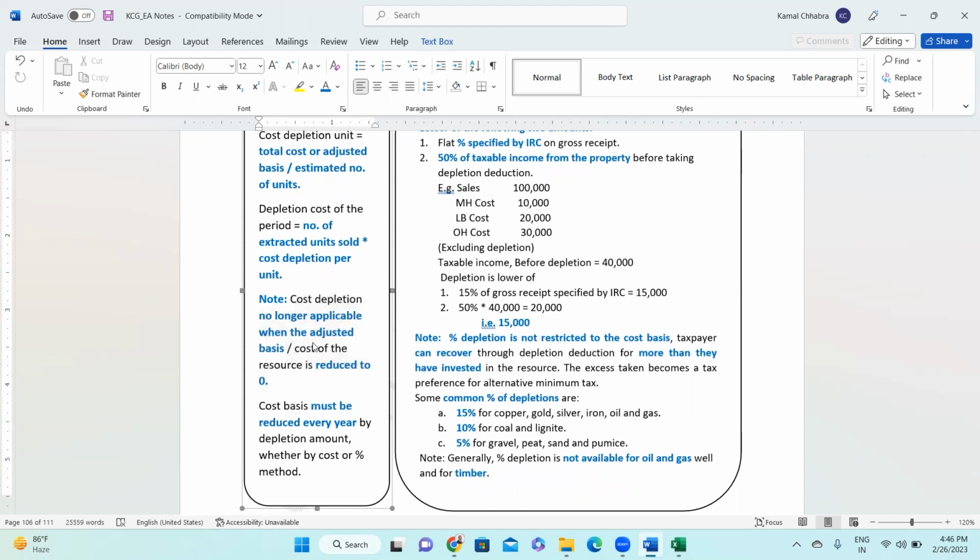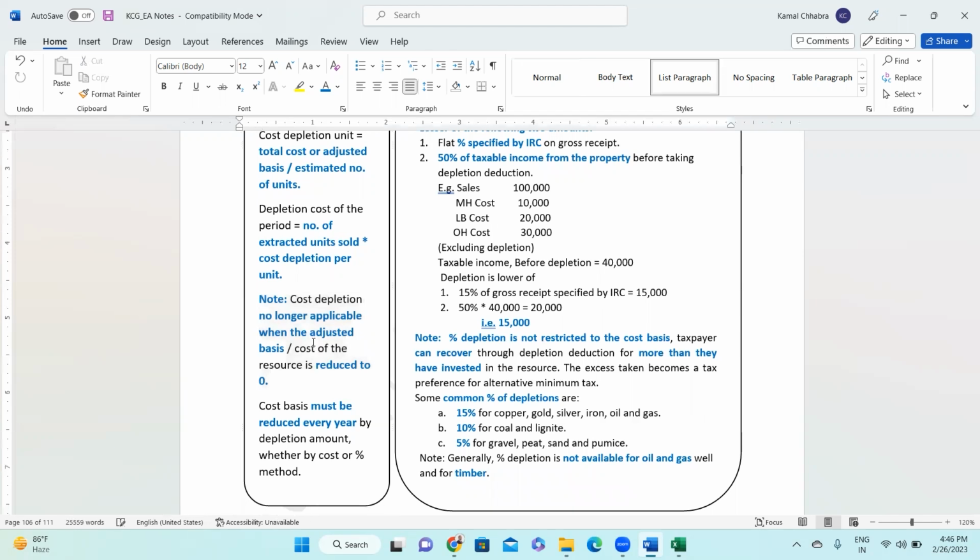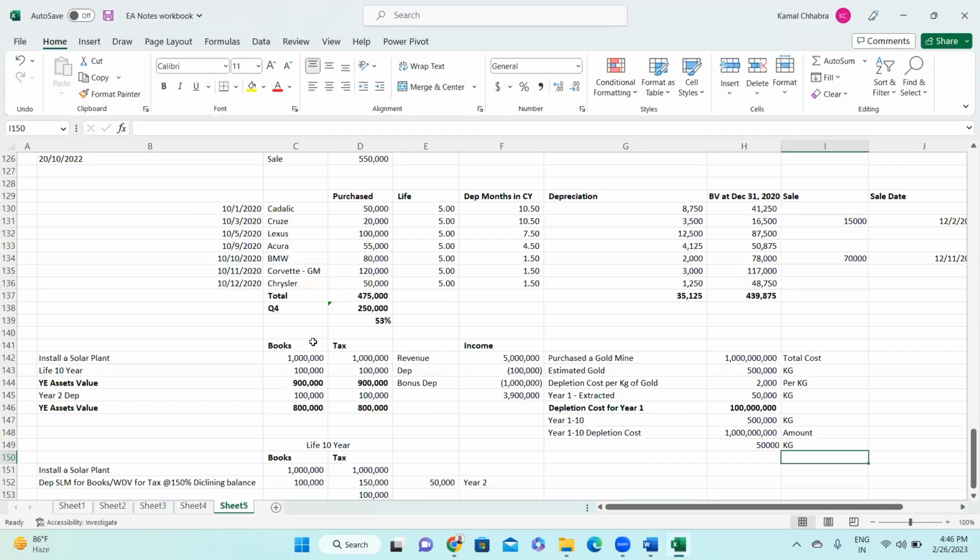Cost basis must be reduced every year by depletion amount, whether by cost or zero. That means if in year one you have extracted 50,000, your depletion amount is 100 million. So what is the book value after year end?